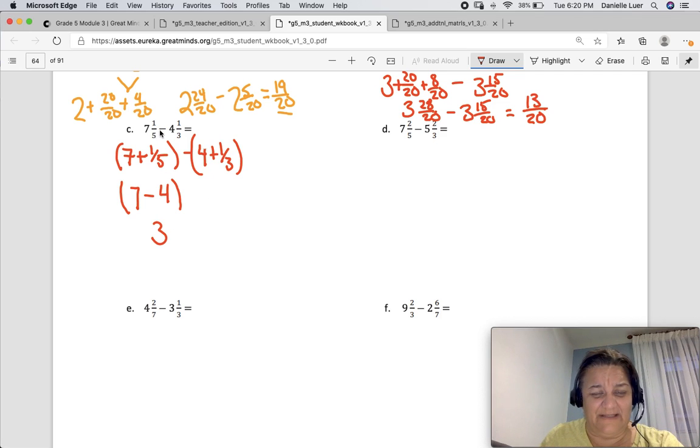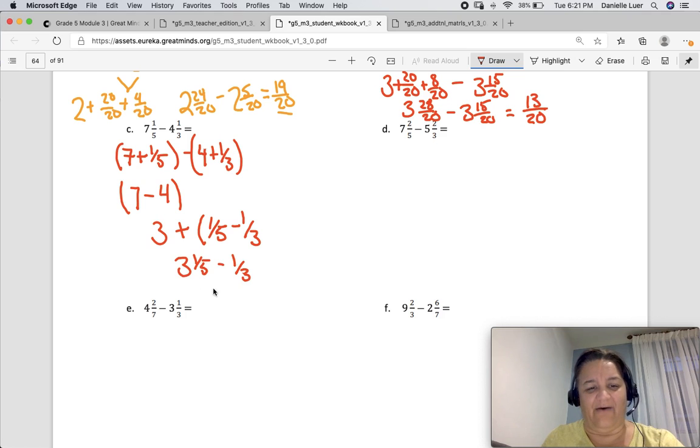And then I still have 1/5 minus 1/3. So I'm going to combine these numbers here, 3 and 1/5 minus 1/3. Now I have to turn this into my common denominator.